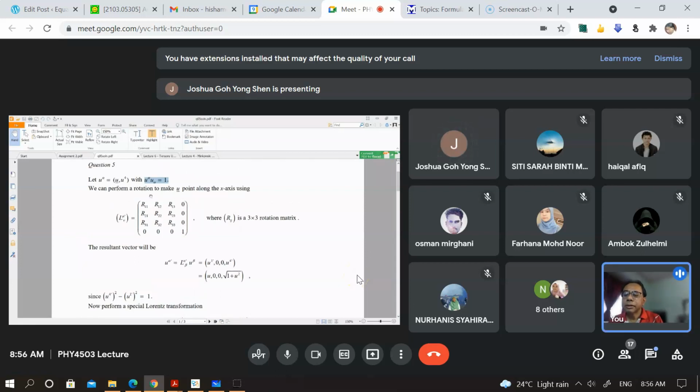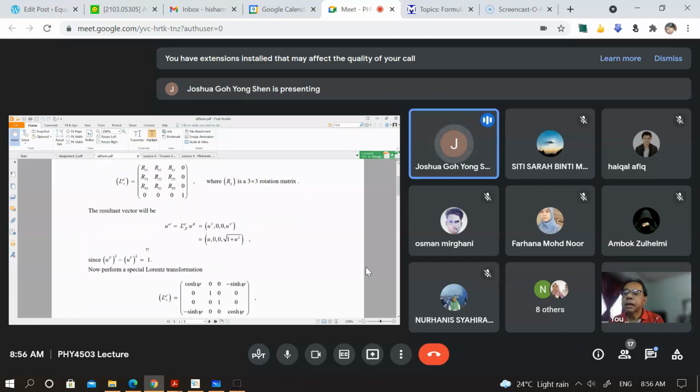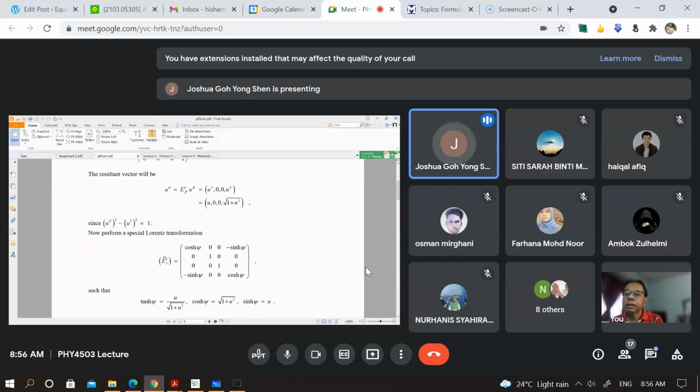I guess so, because I probably have mixed two different conventions there. So again, it should be u1 dash squared minus u4 dash squared. So this one should be u1 squared minus u4 squared, right? Another question is for this one.